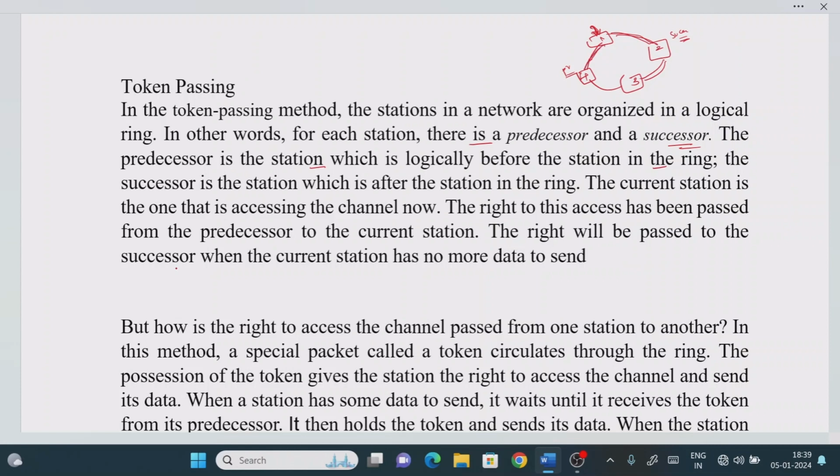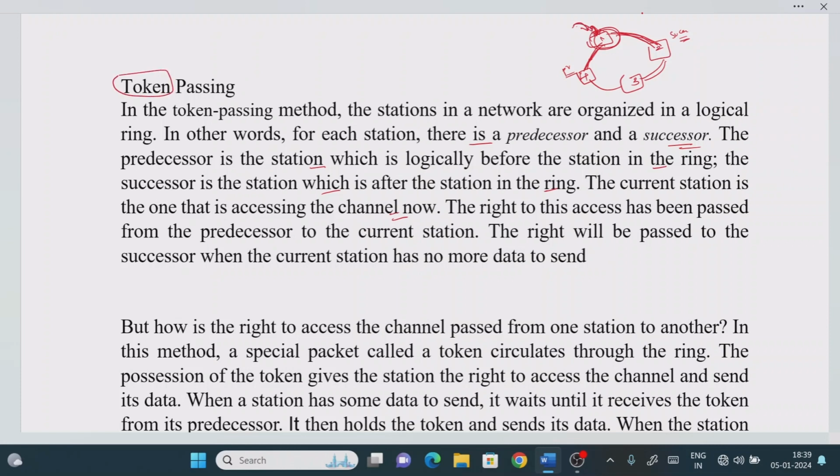The successor is the station which is after the station in the ring. The current station is the one that is accessing the channel now, which means I have the superpower. That superpower in this case we call the token.